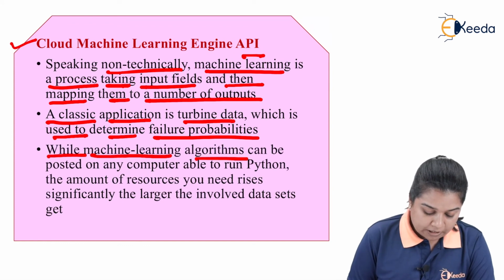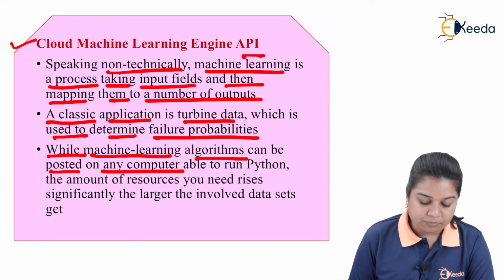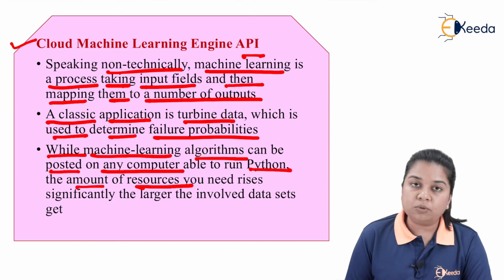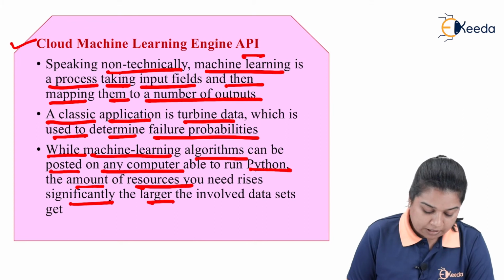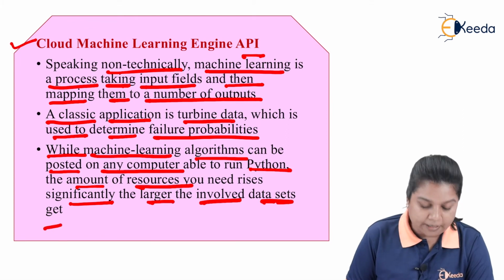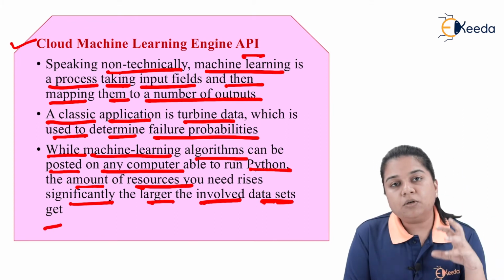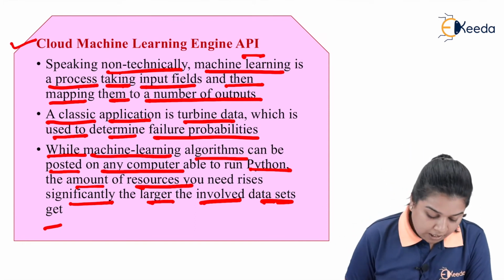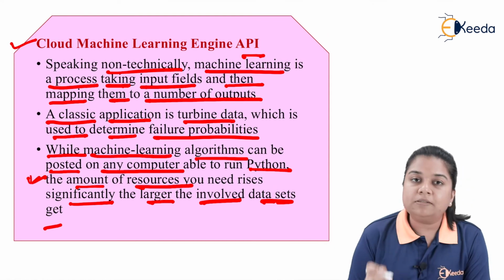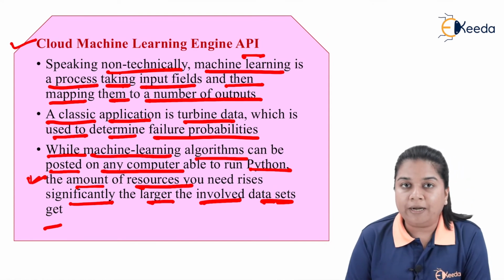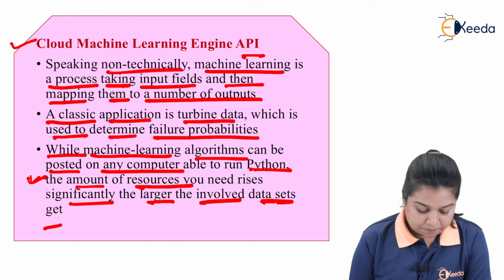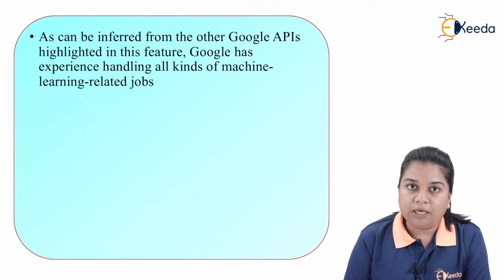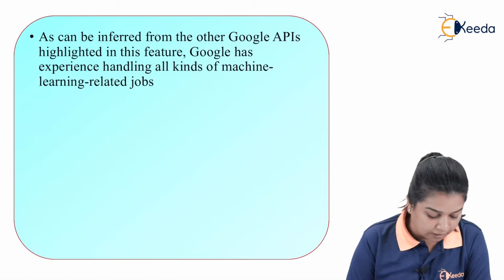While machine learning algorithms can be hosted on any computer able to run Python, the amount of resources you need rises significantly the larger the involved data sets get. That means as the size of the data sets increases, the amount of resources that will be needed by the consumer or the enterprises will be increasing. Thus, it goes to the cloud API for its machine learning.